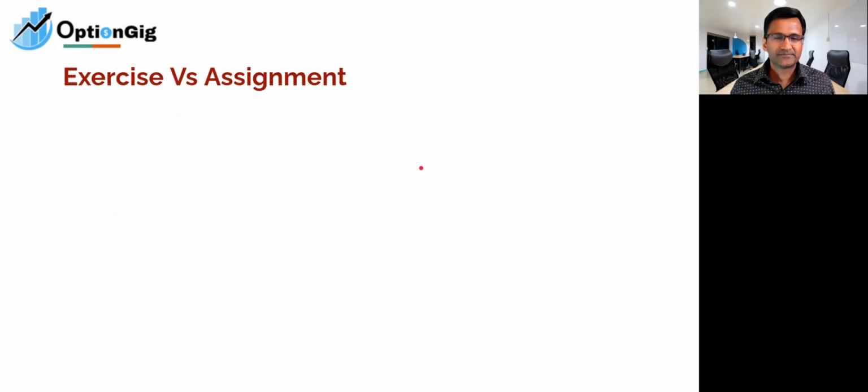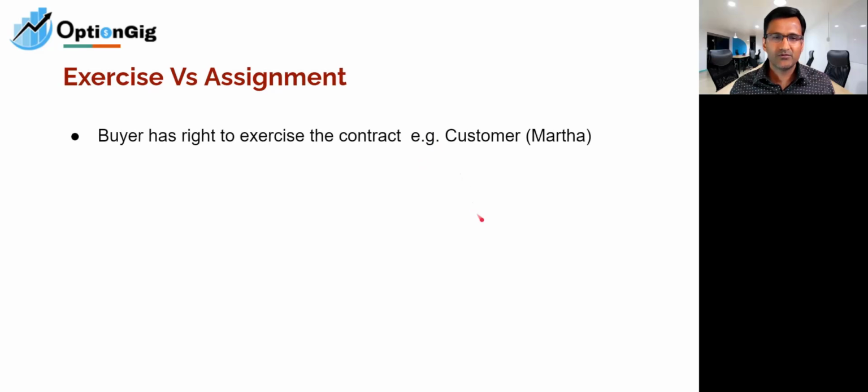Let's move on. Other thing I quickly want to talk about is, if you are an option buyer, you have a right to exercise it. If I'm an insurance policy buyer, I have a right to exercise the terms of the insurance policy. In the example we saw, the terms say I can put the house to Matthew for $500,000. So the buyer has a right to exercise the contract.